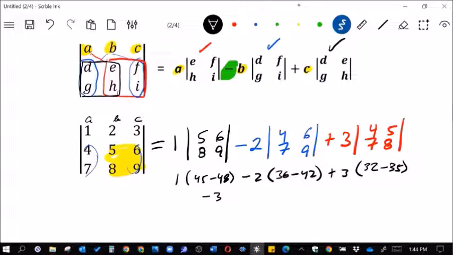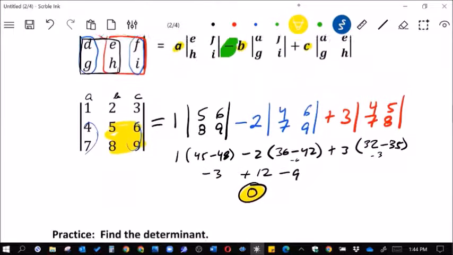And this becomes negative 6. Negative 6 and negative 2 is plus 12. And here we get negative 3 times 3 is minus 9. So that, again, becomes a 0. Okay. I really like it when some of these come out to a 0.